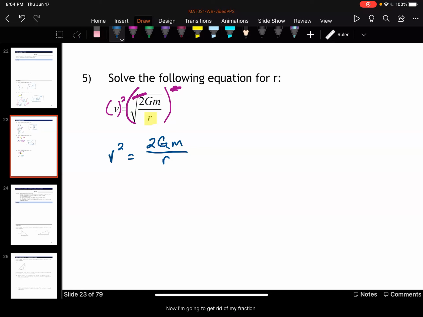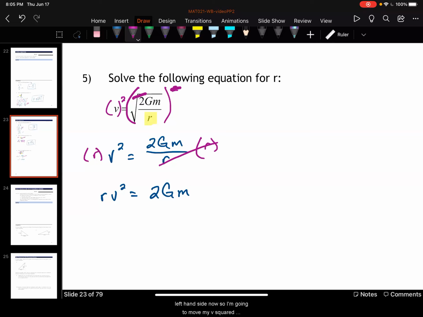Now I'm going to get rid of my fraction. To do that, I'm going to multiply both sides by r. So on the right hand side, those will divide out. On the left, I will have r times v squared equals 2 times capital G M. Now remember, we're trying to get r by itself, so it's on the left hand side now.